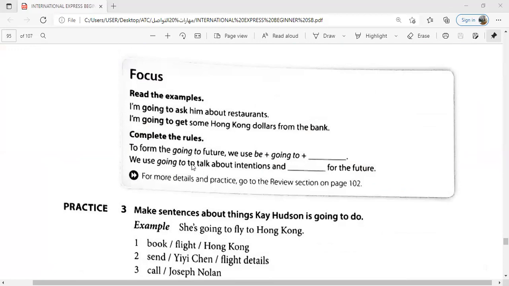We use going to talk about intentions and plans. So here ثبت القاعدة. Here we use طبعا سواء كتبنا base verb or infinitive نفس المعنى. وهير بدنا ننتبه إنه verb to be يكون عندنا إما am أو is or are أحد الأفعال الثلاثة طبعاً depending on the subject.